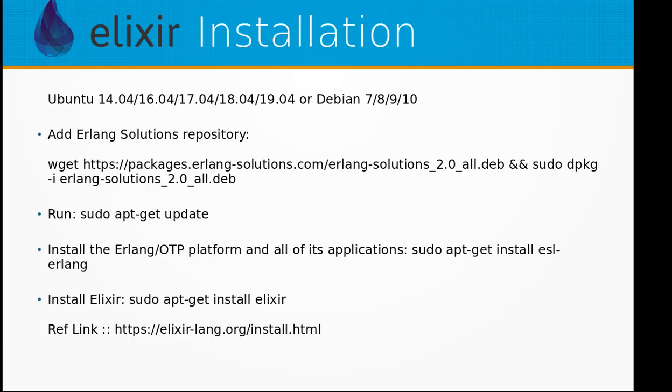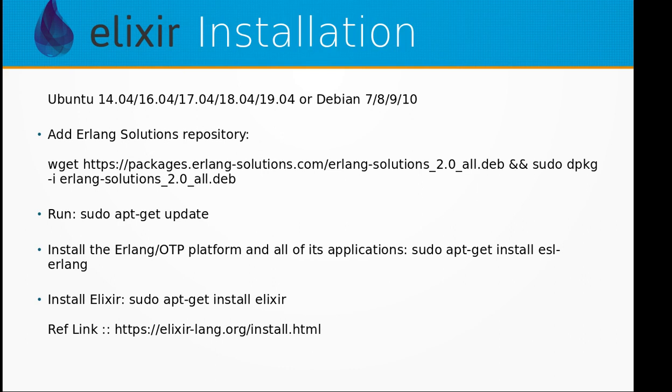So let's see the installation. Well, this is the most important and the first step before jumping into Elixir programming. For Ubuntu or Debian, you have to install the Erlang Solutions repository. You can wget the package, decompress it, then run sudo apt-get update.